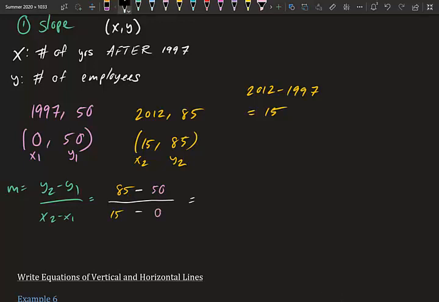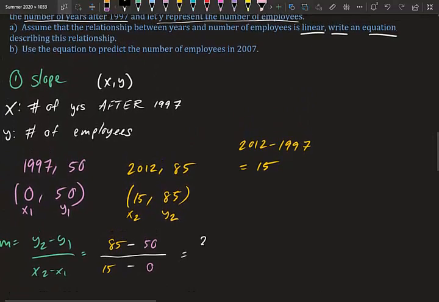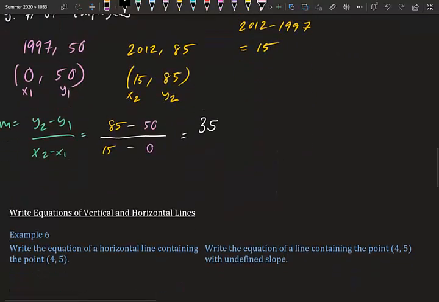So 85 minus 50, we get 35. 15 minus 0 is 15. They both have 5, so we divide by 5. And we get 7 over 3 is our m.